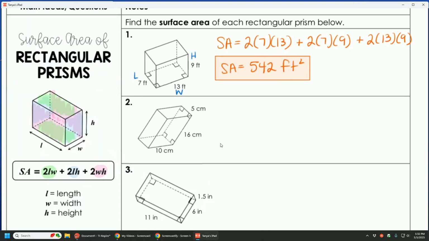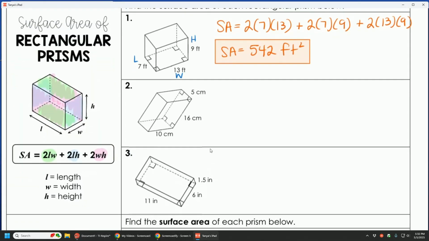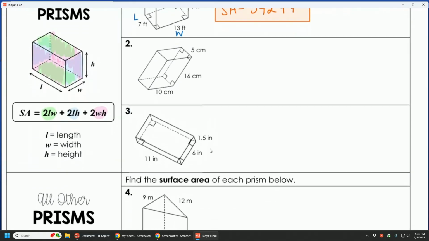Okay, let's do the next one. I'm just going to label those 3 dimensions again. I'm going to call this one length, this one width, and this one height. And then let's plug them in. Surface area equals 2LW, so 2 times 10 times 16, plus 2LH, so 2 times 10 times 5, plus 2WH, 2 times 16 times 5.